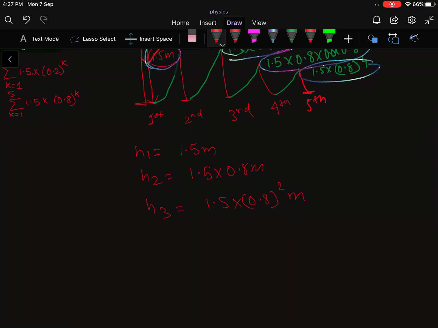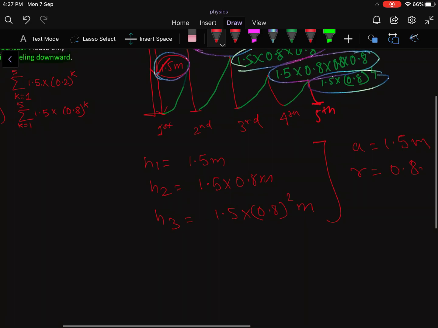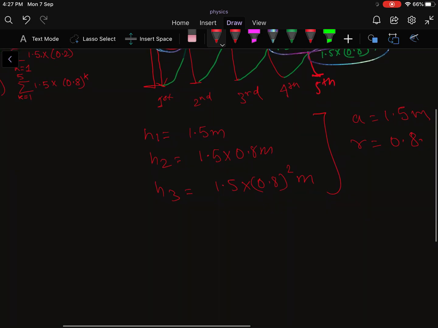So it is like a geometric progression. You have studied it in maths. Here a equals 1.5 meter and the ratio is 0.8. In this question we have to find only till the fifth bounce, so you have to take the summation of hi, i equals 1 to i equals 5, correct?